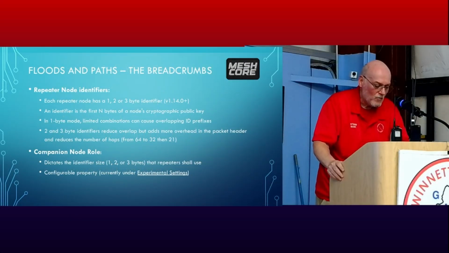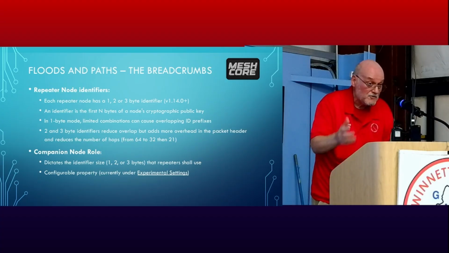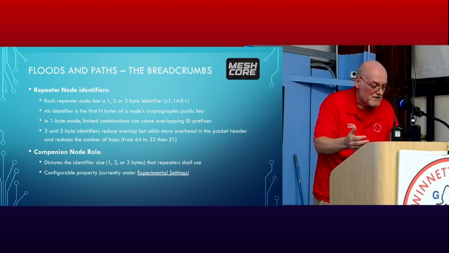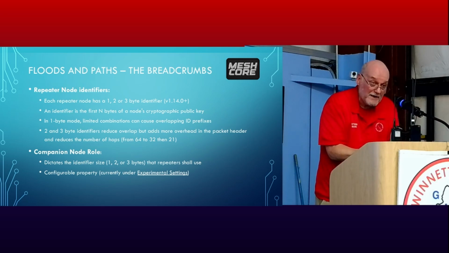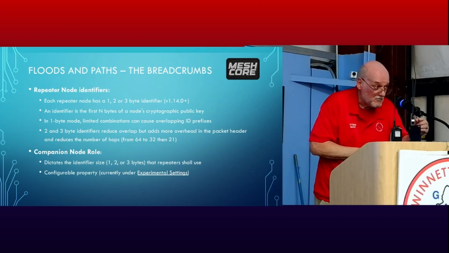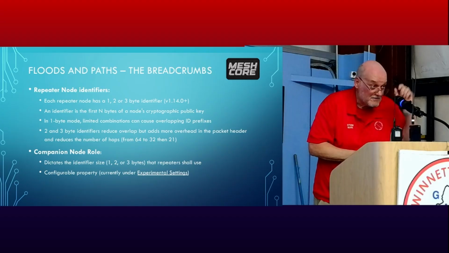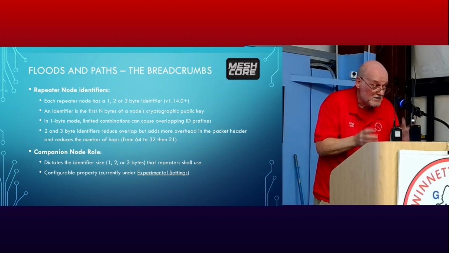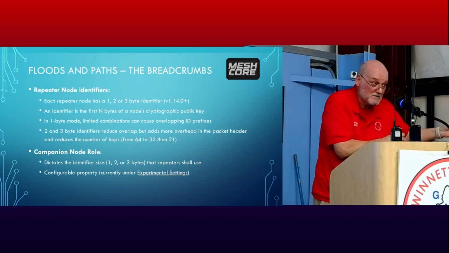But basically, one of the things I do recommend that you do, and it's a configuration item on your companion device, is by default, it's probably set right now to a 1 byte operating mode, requesting repeaters to add on their ID. Set that to 2 or 3. Now, back to the question, with a 1 byte, you can do 64 hops.